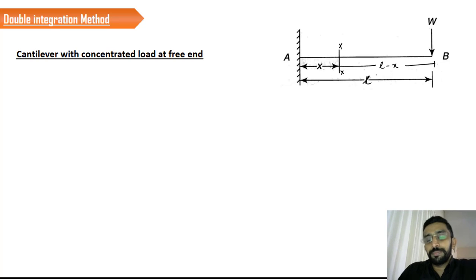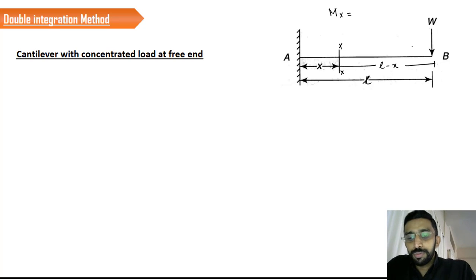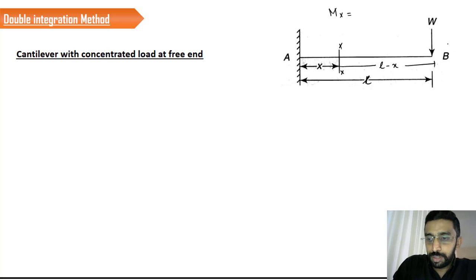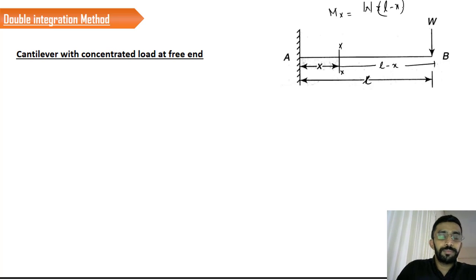This is length L. And if I take the moment about XX, this is nothing but force into perpendicular distance, which is W into L minus x. This is the value we get.